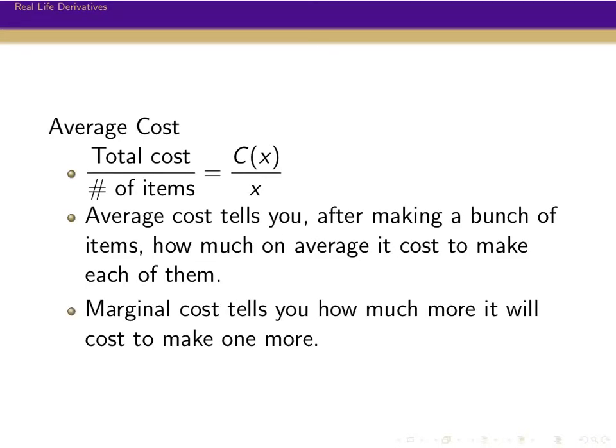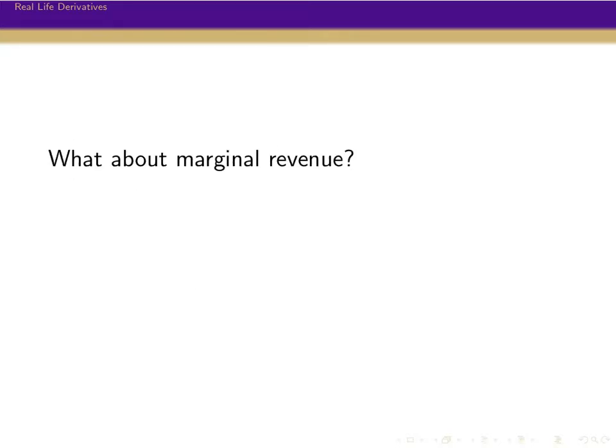Well, marginal cost will tell you how much more it will cost to make one more. And quite often the value of this is very much different than average cost. In the practice problems I'm going to give you at the end of this, you'll be able to see an example of where that happens.